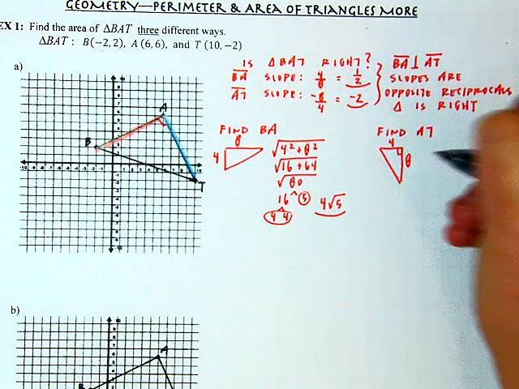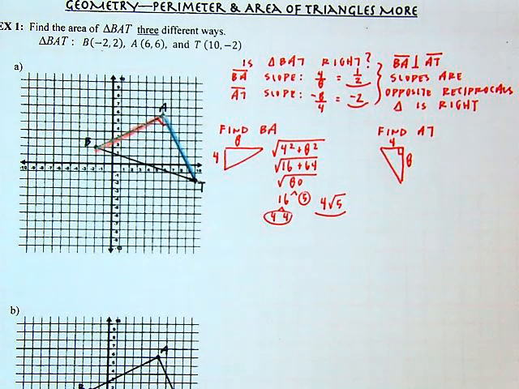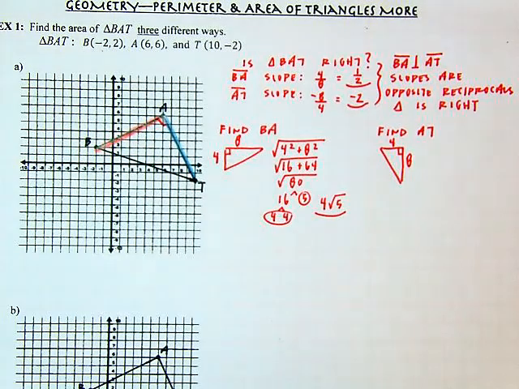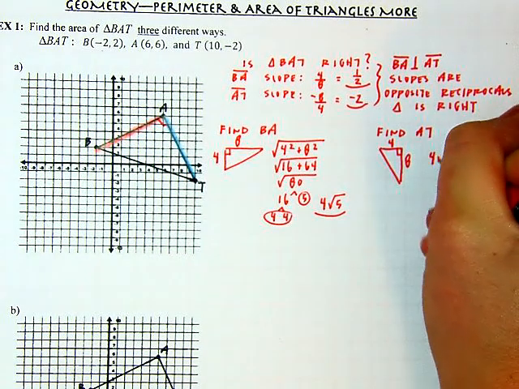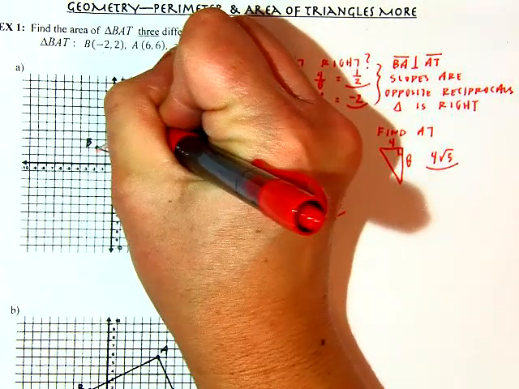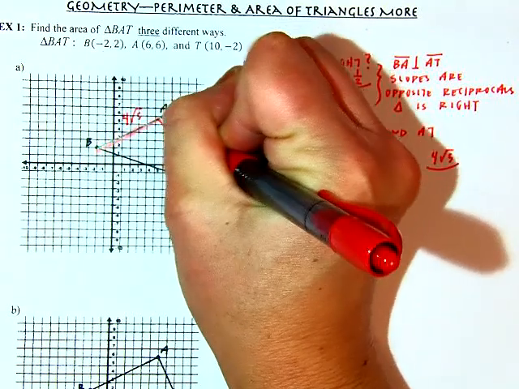Vertical is 8. Again, I knew that from doing my slope. So now I know that, oh, it's the same triangle, right? The same right triangle where I have legs that are 4 and 8. So this has to be 4 root 5 also. Let me add that to my picture right here. This is 4 root 5. This is 4 root 5.